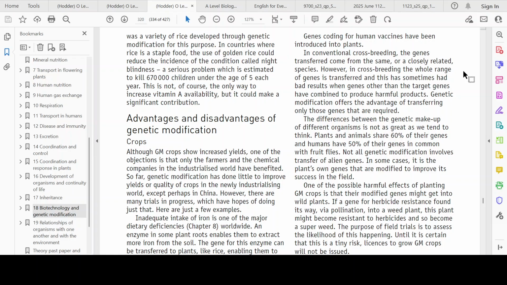Also, we don't really know what the effect of these genetic modifications are on human beings. Even though in the book they're saying that these plants are only introduced after years of testing. But again, as I mentioned, this is advertising. But as far as the syllabus is concerned, that's what they're telling.